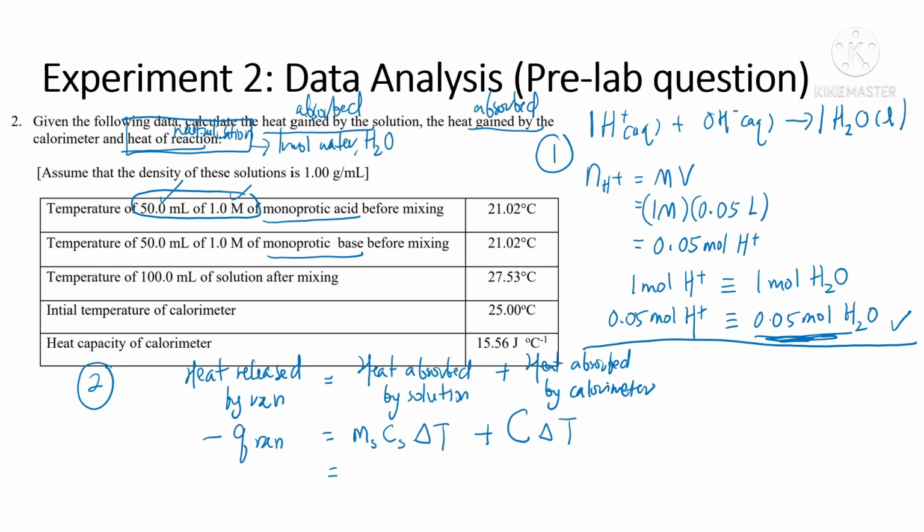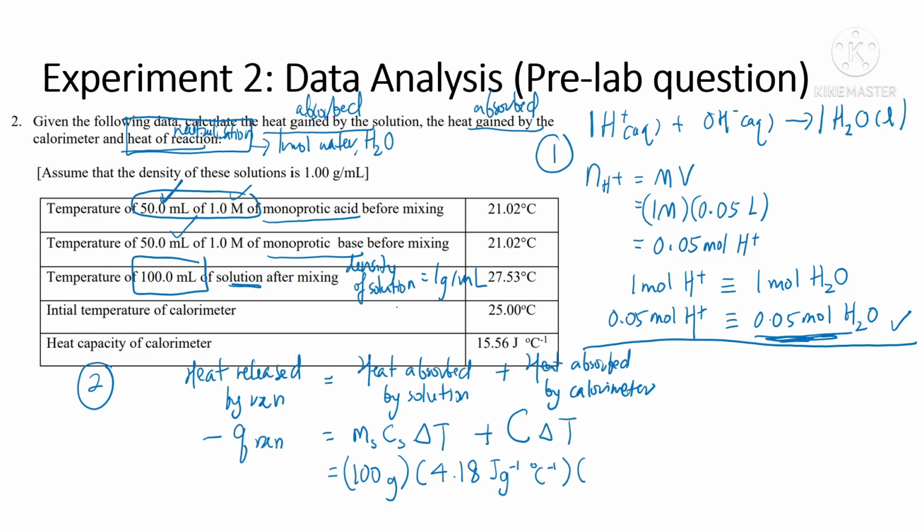So the mass of solution is equal to 100 because we mix 50 ml of acid with 50 ml of base to give us 100 ml solution, and this solution we can assume to have a density equal to the density of water. Therefore, it is equal to 100 grams of solution multiplied by the specific heat capacity of the aqueous solution, which we assume is equal to the specific heat capacity of water.